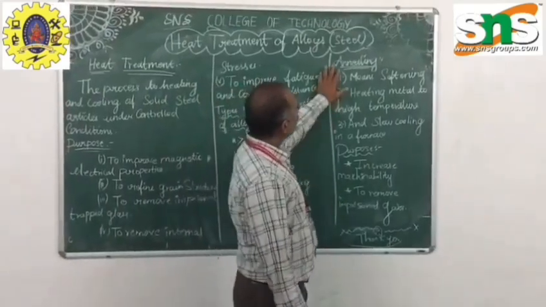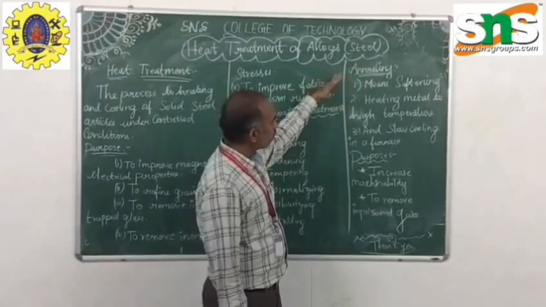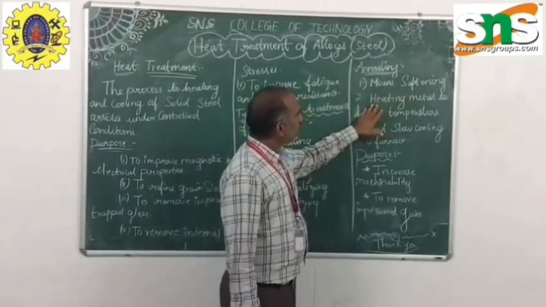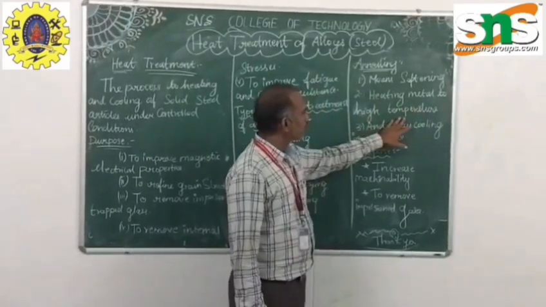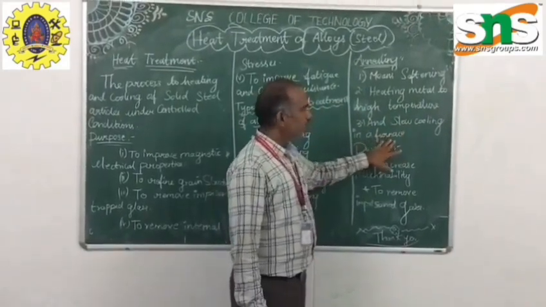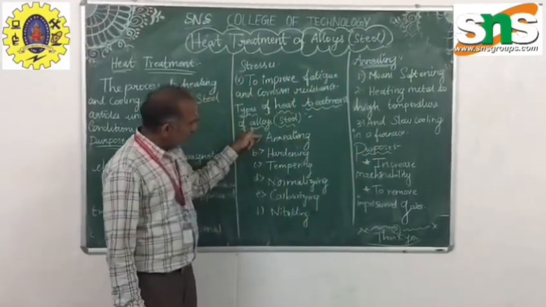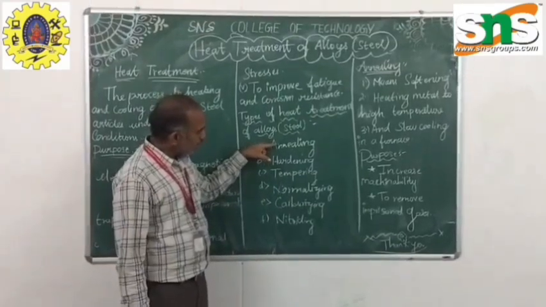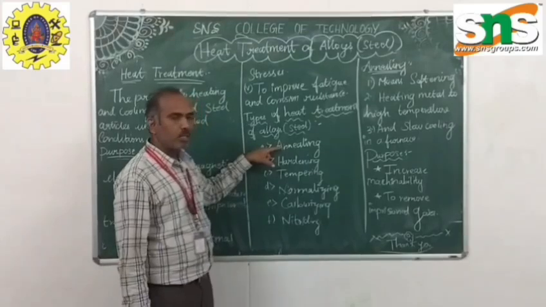Annealing and normalizing are the commonly used processes. Annealing means softening, by heating the metal to a high temperature and slow cooling in a furnace. Annealing is under controlled conditions, and we can use some special equipment.